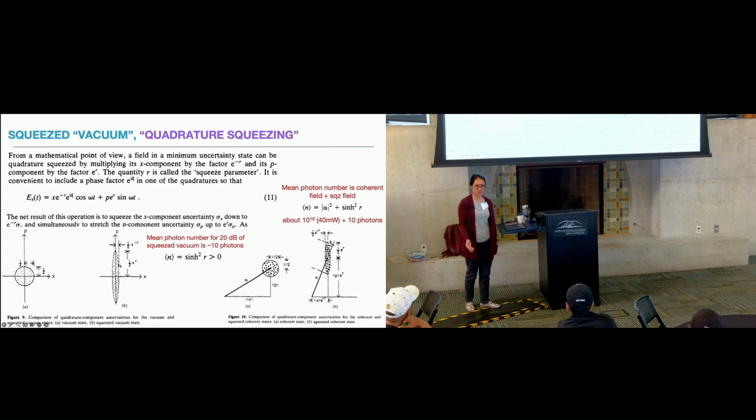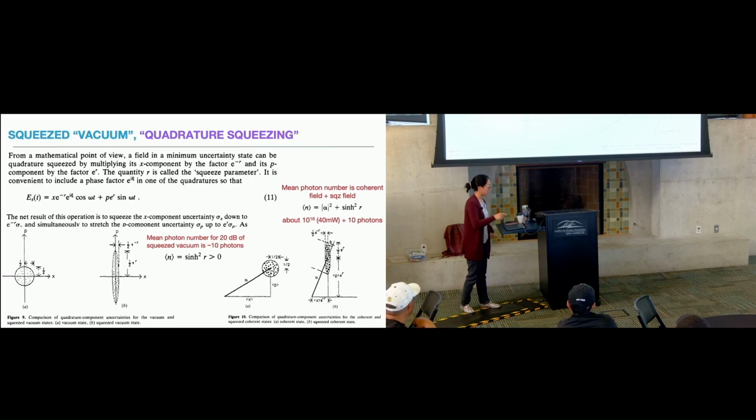That's what 20 dB of squeezed light means. It's a statement about the major versus minor axis of this noise ellipse. And depending on how much squeezing you're generating, the average photon number in the squeezed field is not zero, right? It takes photons to squeeze the vacuum. One way people say this is it's kind of a complex vacuum state.